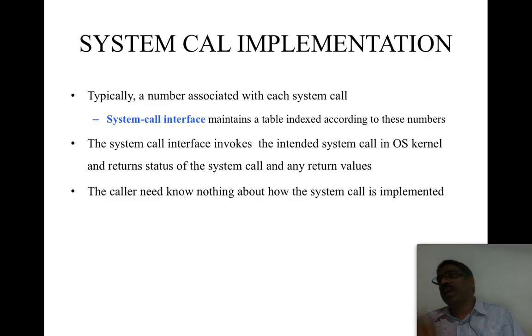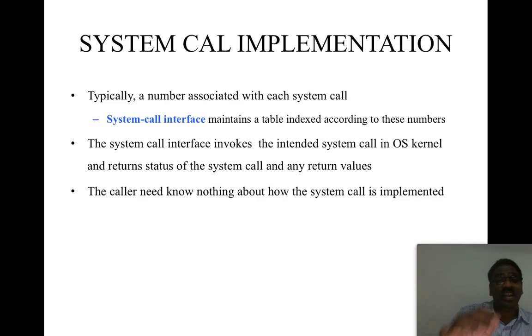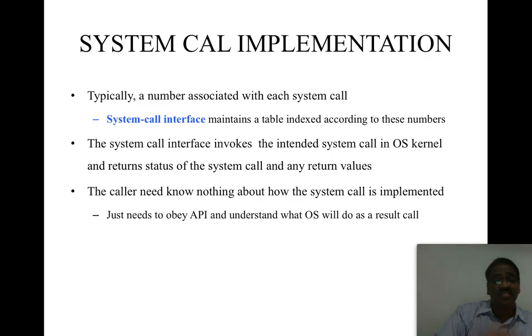If it is depending on another function, automatically that particular system call is executed in the operating system. That is mandatory. And the next one is whenever you are using that, if you do not obey the API, automatically the failure of the operating system can occur.